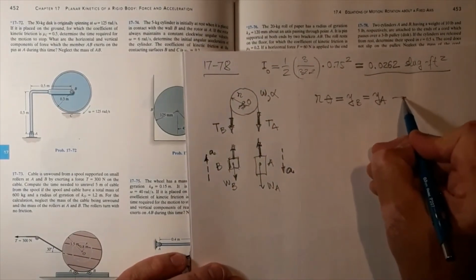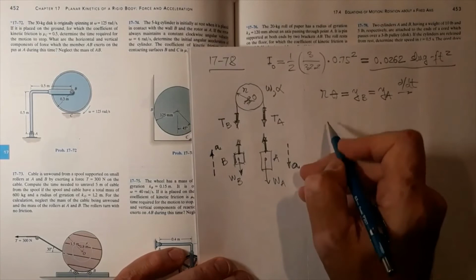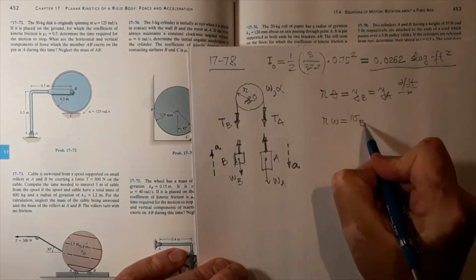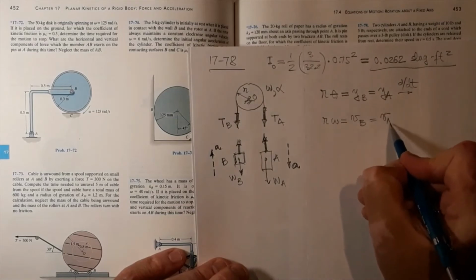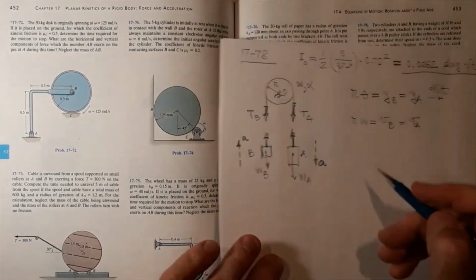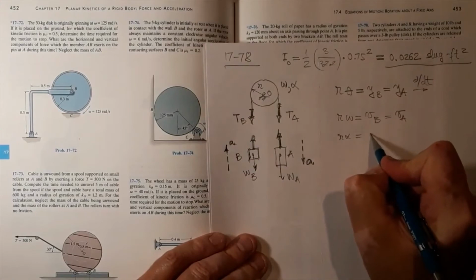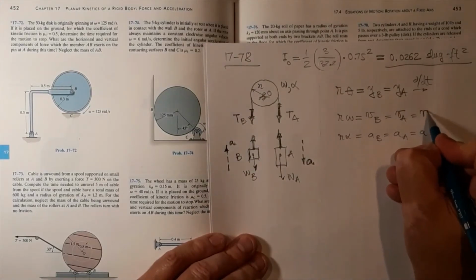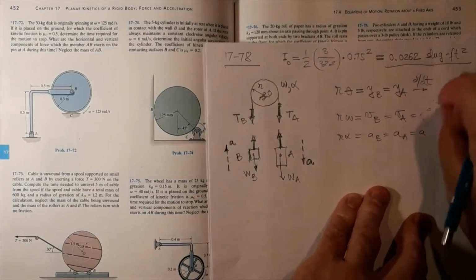By taking the time derivative, we get R omega is the velocity of B is the velocity of A, one up, one down, and R alpha is the acceleration of B is the acceleration of A. We can call this V and a.